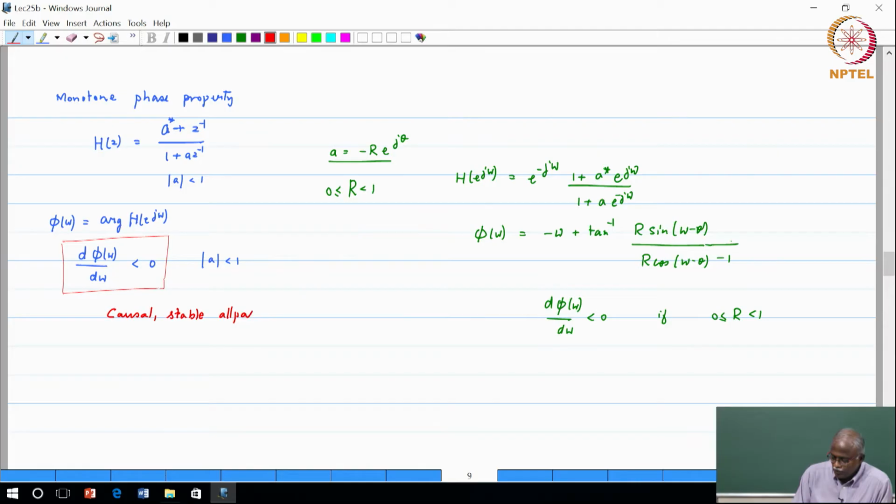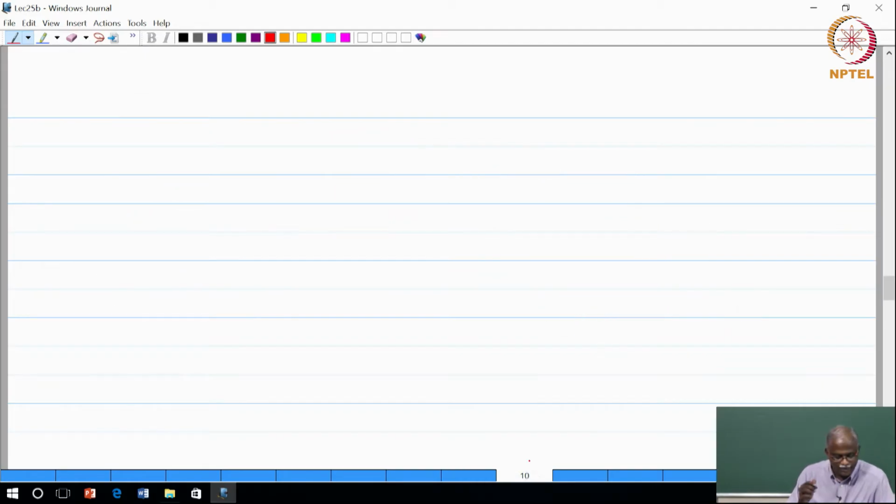So, this more or less gives us a good framework for the all pass functions. Let us now dive into what we are going to need going forward from here. We said that the magnitude of H of e to the j omega squared can be represented as H of z H tilde of z on the unit circle, that is, paraconjugation on the unit circle.